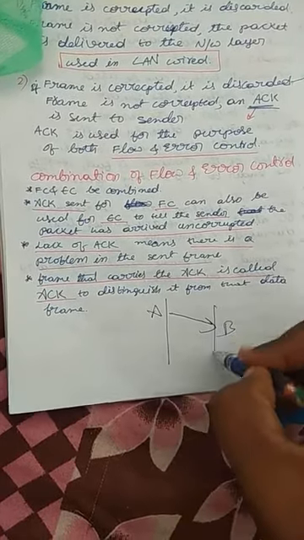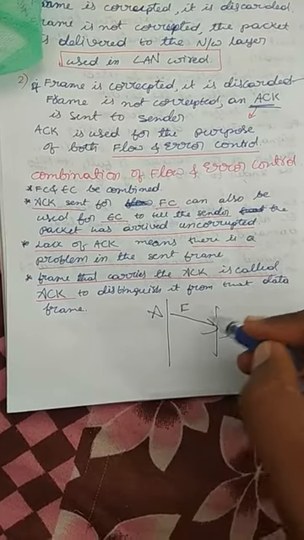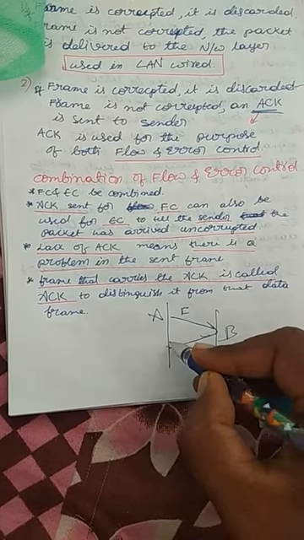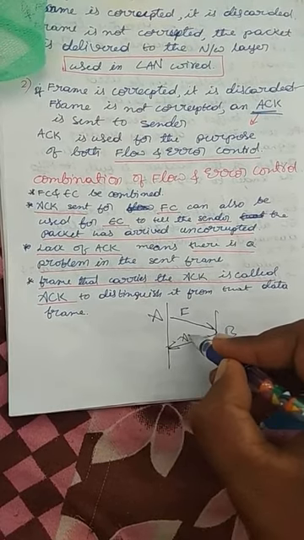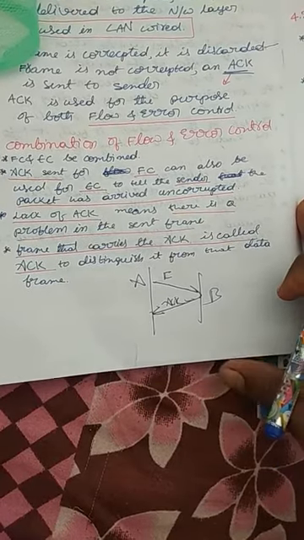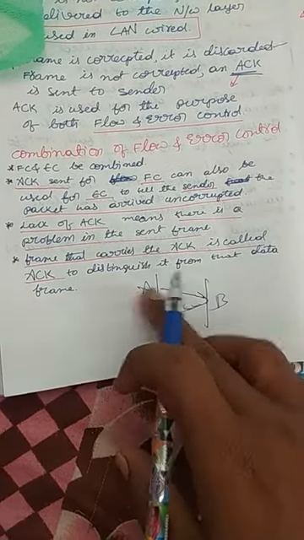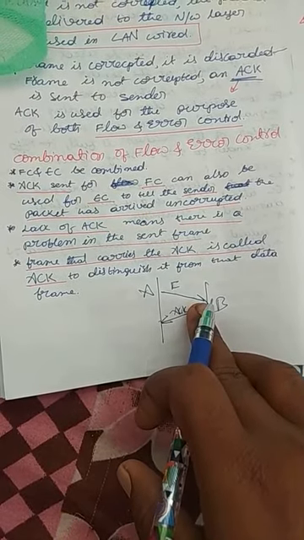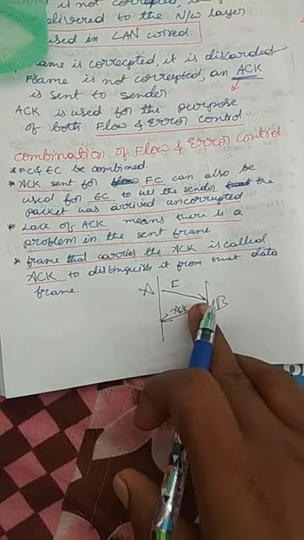A to B, I have sent a frame; if that is not corrupted, it will send the acknowledgement. Okay? Acknowledgement means the frame is not corrupted, it is accepted successfully.